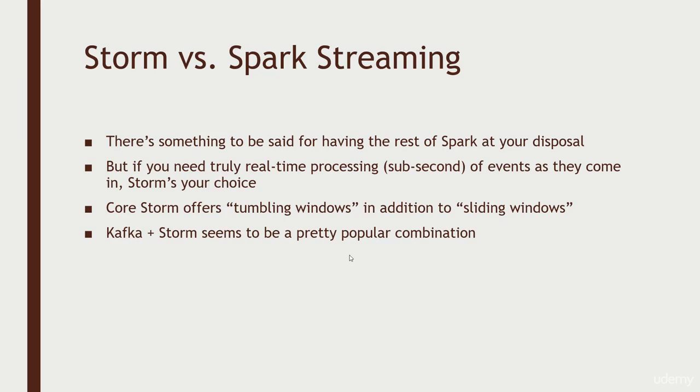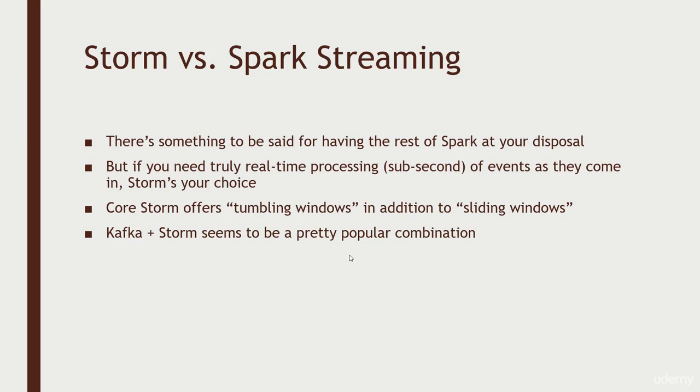And as new data comes in, you will get another window of data after 5 seconds that contains the next sequence of events for those 5 seconds, and so on and so forth. So with tumbling windows, you can make sure that there's no overlap in events that get processed, whereas with sliding windows, they can overlap by design. So that's kind of an interesting feature that core Storm offers that you don't see in Spark Streaming necessarily.